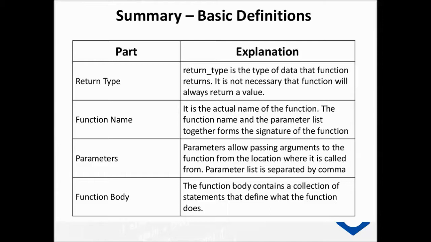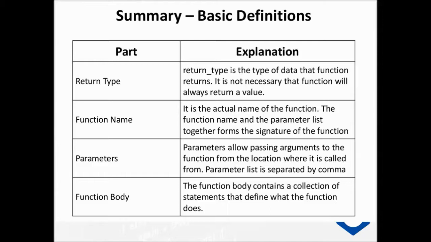Parameter list allows passing arguments to the function from the location where it is called from. Parameters in the list are separated by commas. Function body. The function body contains a collection of statements that define what the function does.